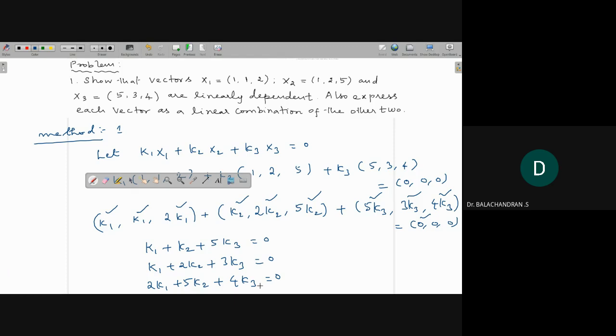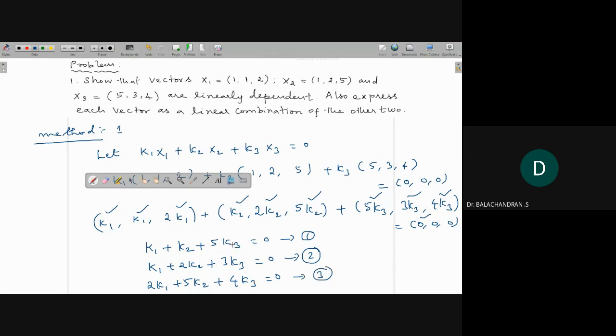Now you need to solve these 3 equations and get the values of the unknowns. Sometimes you will get the values, but sometimes you will get some relationship. The first equation is k1 plus k2 plus 5k3 equal to 0. Second, k1 plus 2k2 plus 3k3 equal to 0. And 2k1 plus 5k2 plus 4k3 equal to 0.